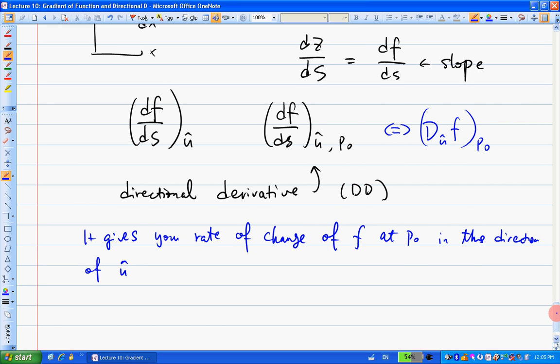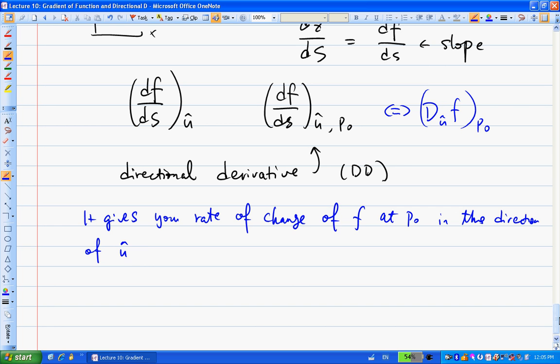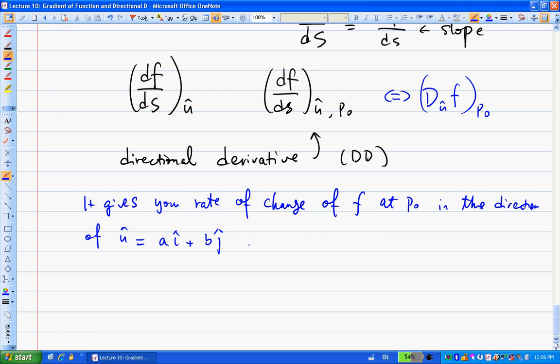So now let's start from the basic definition of a derivative. But before that, let's give the u hat a certain quantity. U hat is a unit vector. So let's say u hat is a i hat plus b j hat, right? So that's u hat. We're restricting ourselves to the 2D plane, but you can easily expand everything to 3D, or even multi-dimensional.